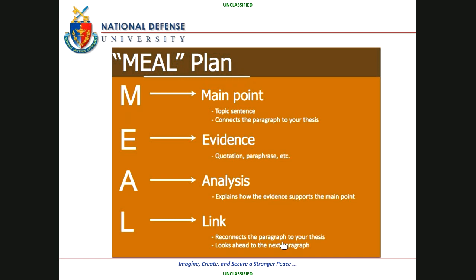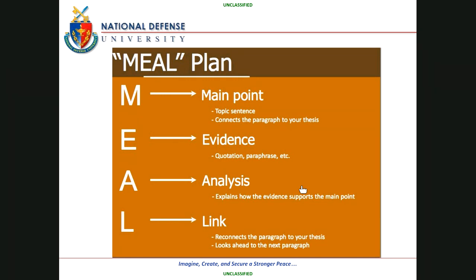Okay, so for your paragraph, don't forget you should have your main point, your topic sentences, your evidence, and your analysis, okay? Not only should you have evidence, but you should also explain how the evidence supports the main point. So I don't want you to say, okay, we should help with coronavirus because 300,000 people have died.